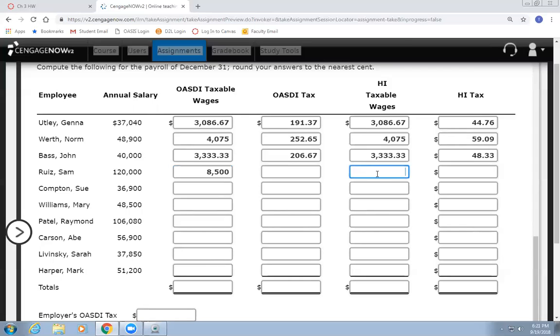But on the Medicare side, the full $10,000 will be subjected to the 1.45%. He's the only special one that makes over the limit. So I would take 6.2% of $8,500, which should get $527. And then his high taxable wages are $10,000, so 1.45% of that would be $145.